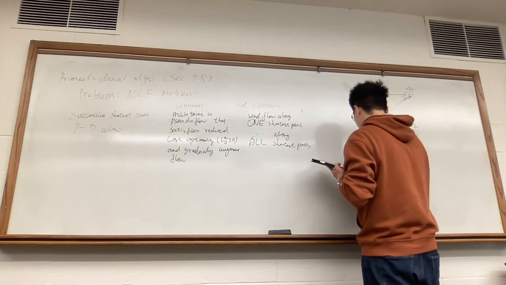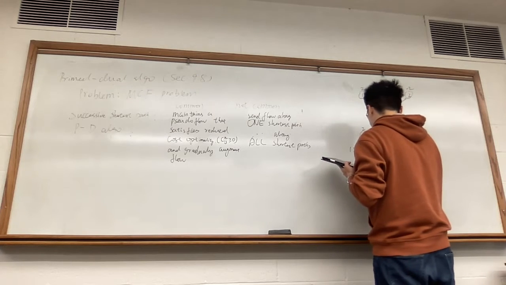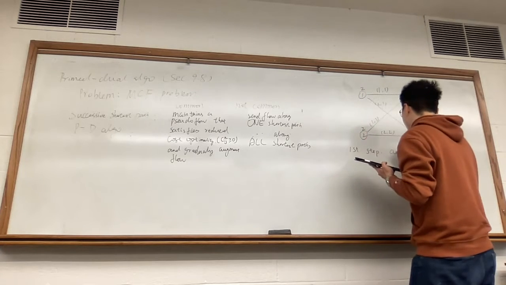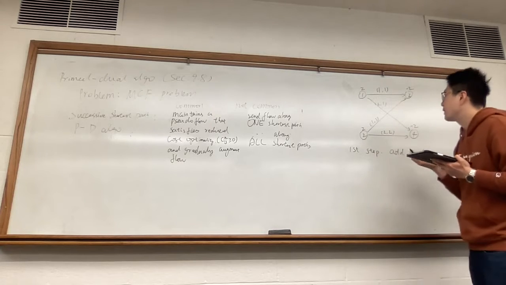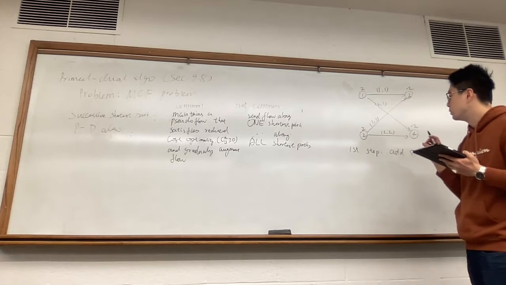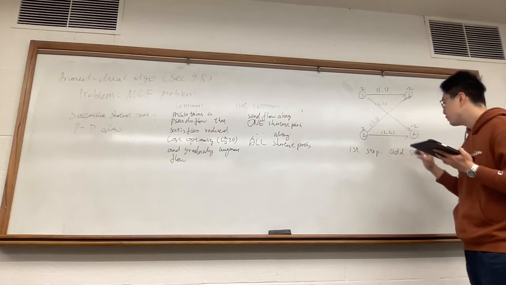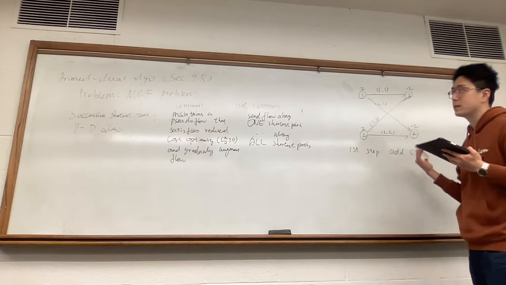The first step is we add S and T. This is a very common practice, right? To artificially add a source node and a sink node.